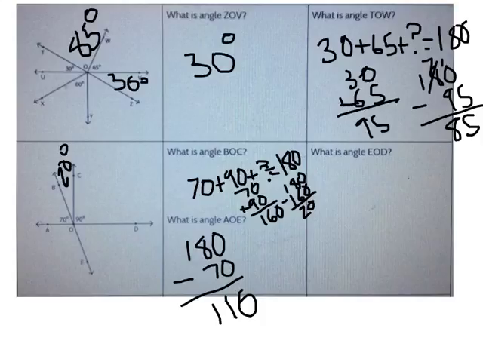Angle AOE is worth 110 degrees. It's supplementary to AOB. 110 plus 70 equals 180. What is angle EOD? Well, angle EOD and angle AOB are vertical angles, so they're congruent. It's worth 70 degrees.